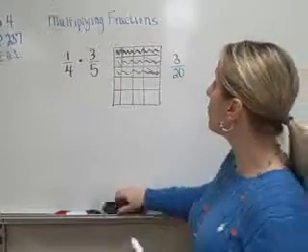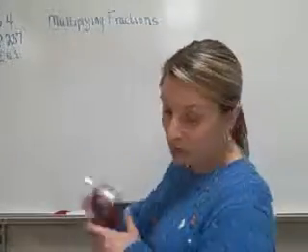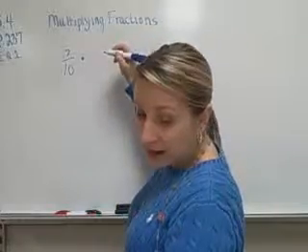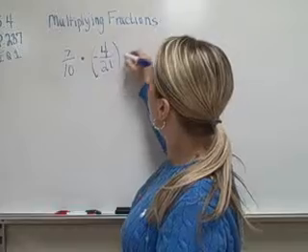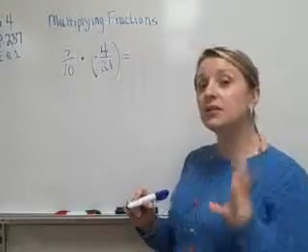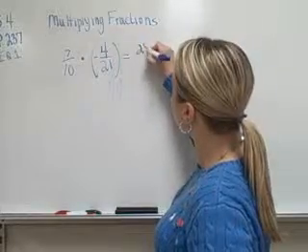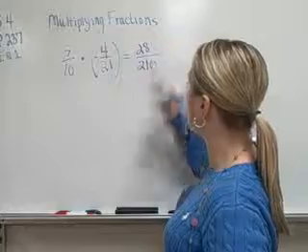Okay. Let me show you a problem with a little more difficult numbers in that. Let's add a negative number in there. Let's do 7/10 times negative 4/21. Okay, first of all, let's just work with the numbers. 7 times 4 is 28. 10 times 21 is 210.